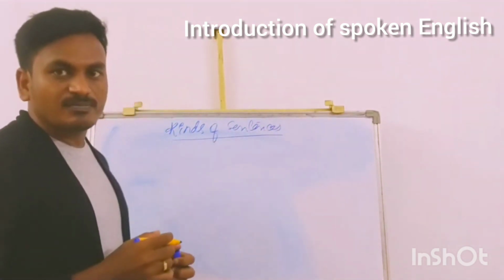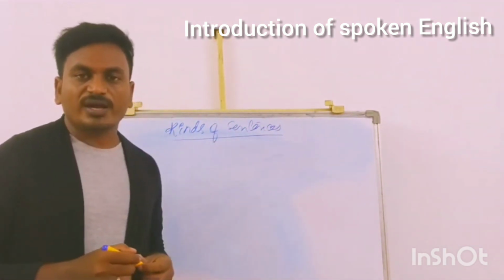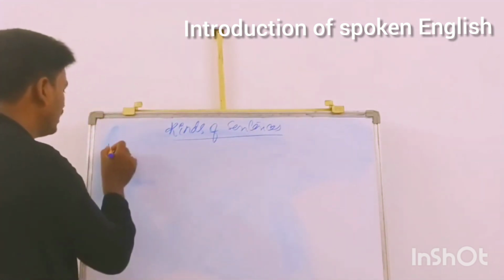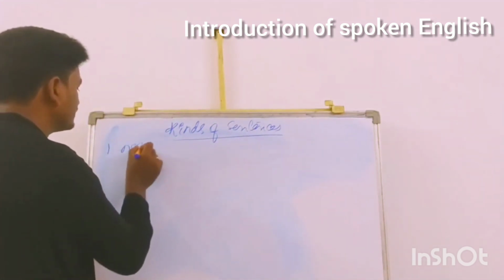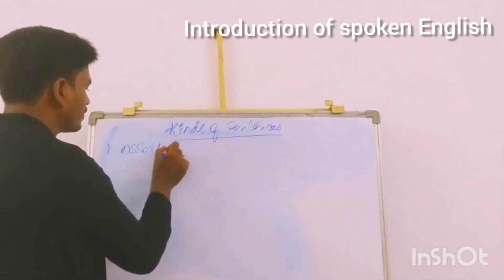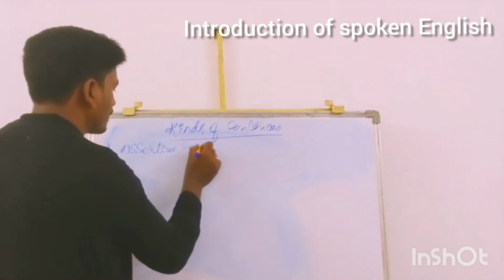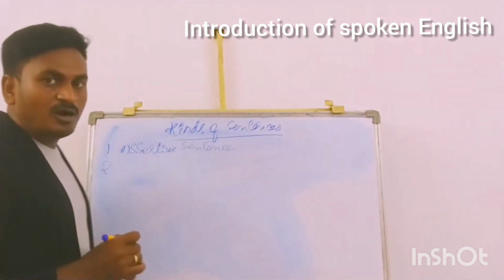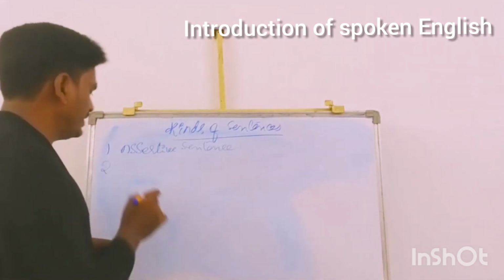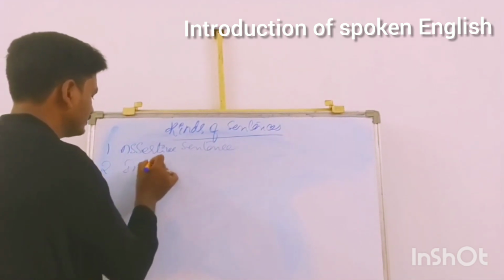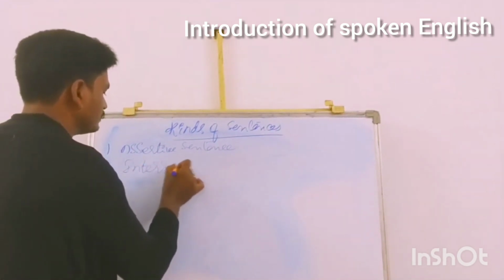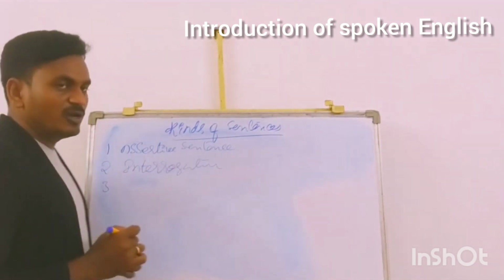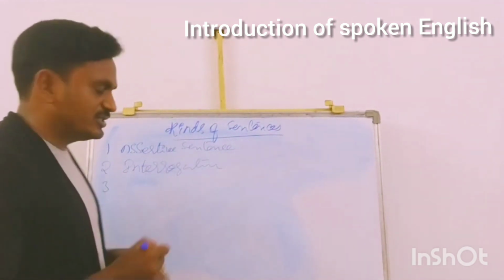Kinds of sentences. Broadly, there are 4 kinds of sentences in English grammar. The first is called assertive sentence. The second is called interrogative sentence. The third is called imperative sentence.